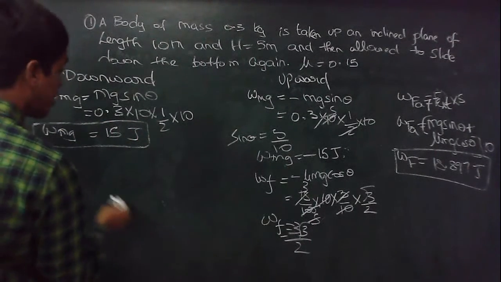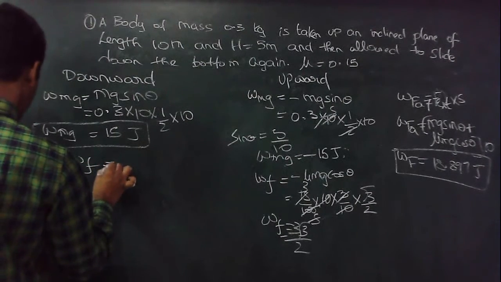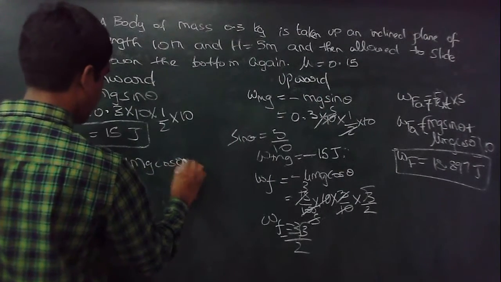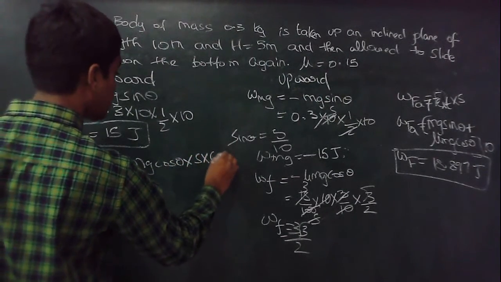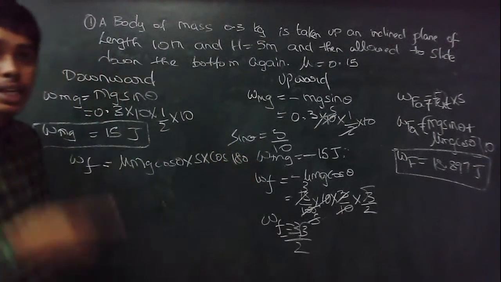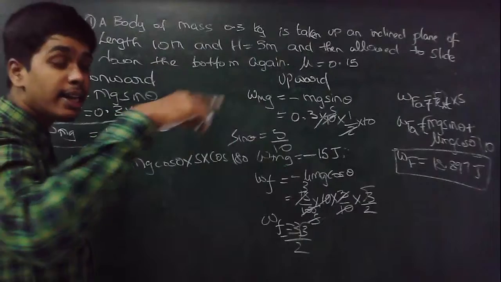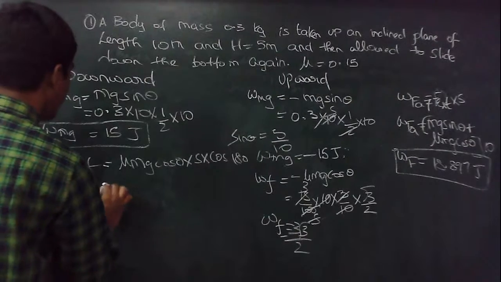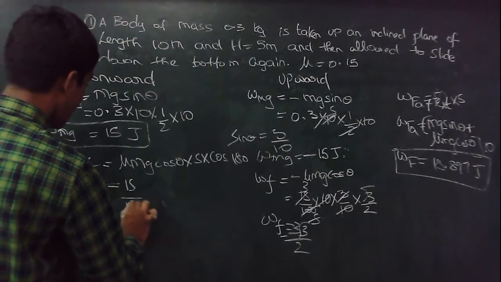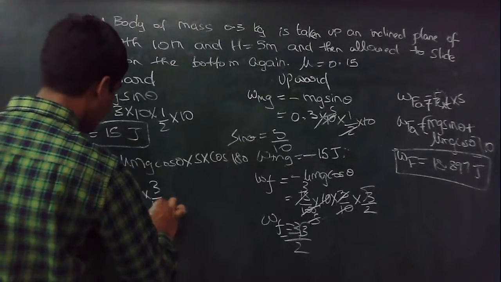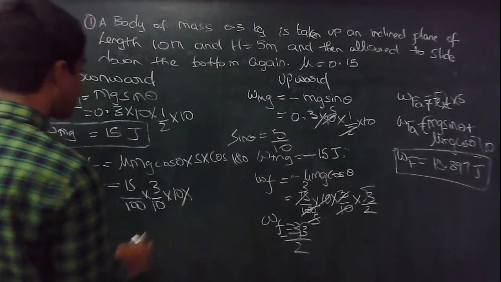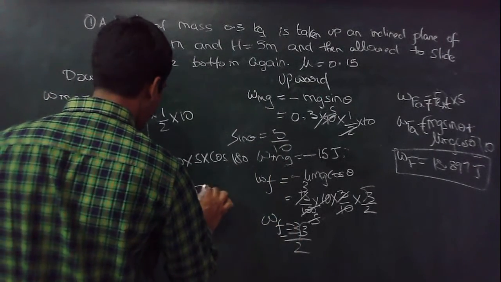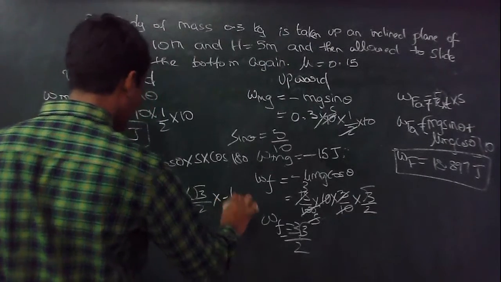And for the friction, W friction is equal to mu mg cos theta into S into cos 180, because going downward the friction is upward and the displacement is downwards, so it is cos 180. Mu means 15 by 100 into 3 by 10 into 10 cos 30. Cos 30 means root 3 by 2 into minus 1.